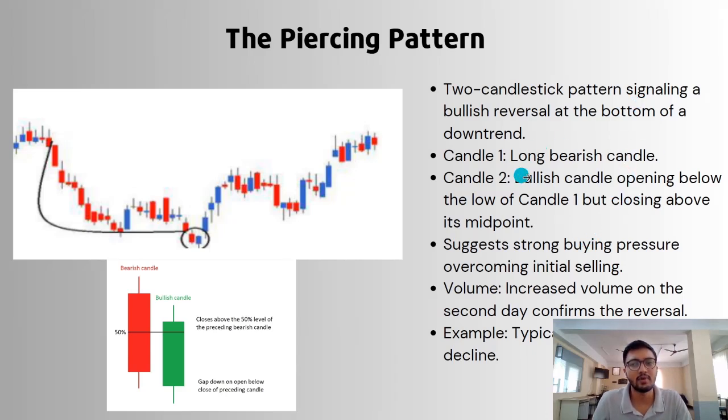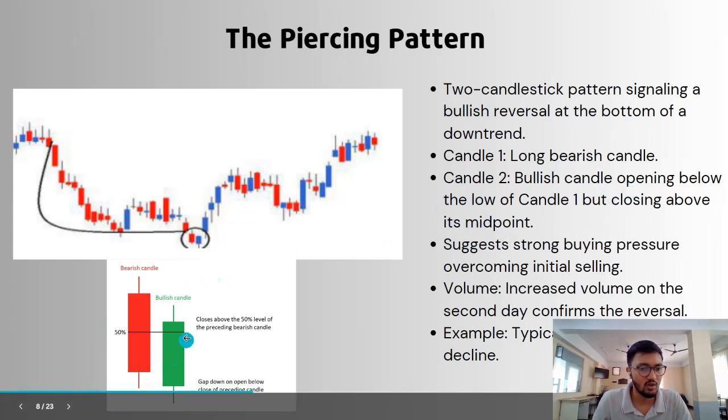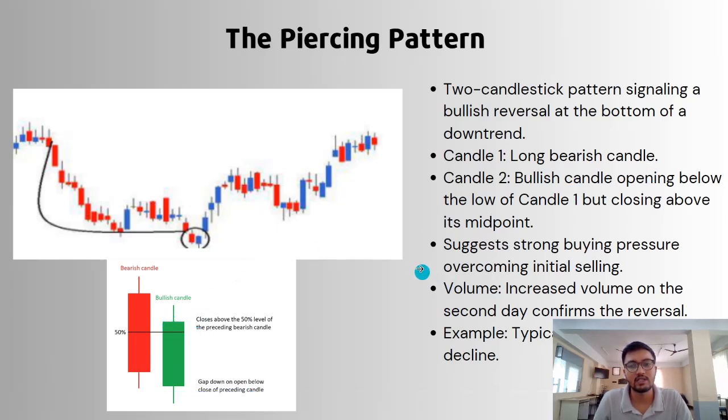A long bearish candle appears, and a bullish candle opens below the low of candle one but closes above its middle point. So the closing of this candle is above its middle point, and it suggests strong buying pressure overcoming initial selling.